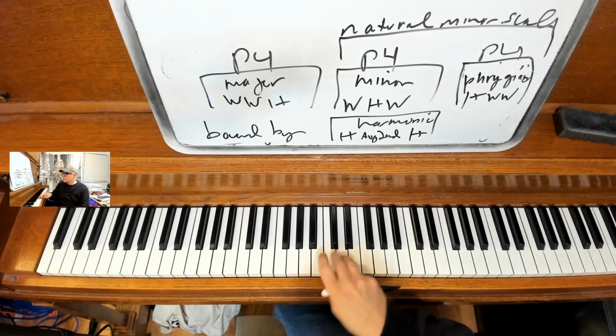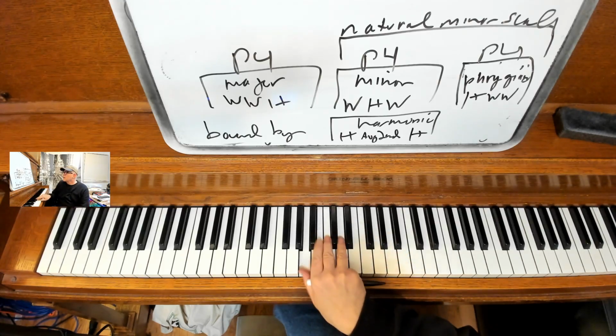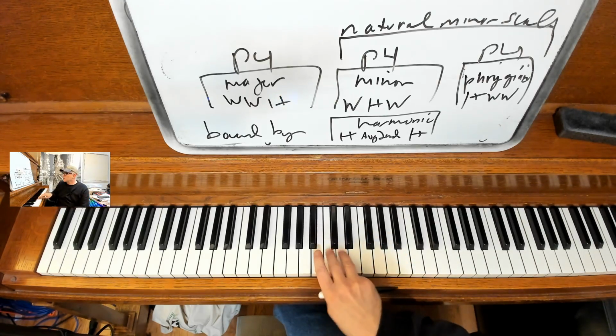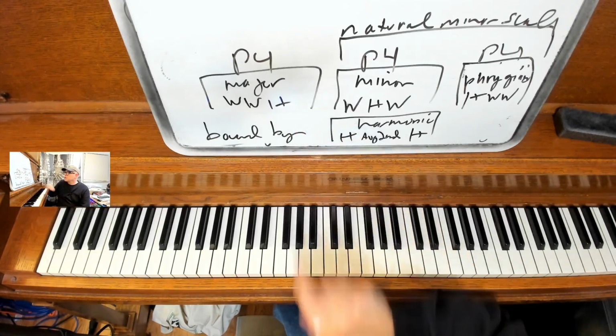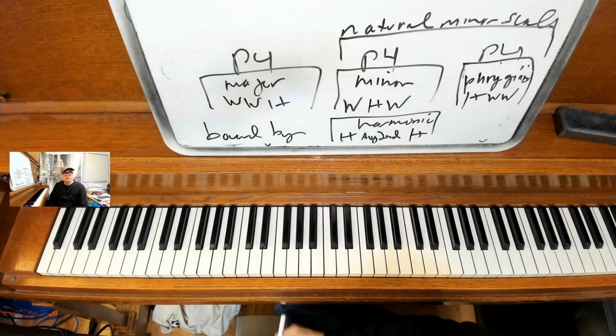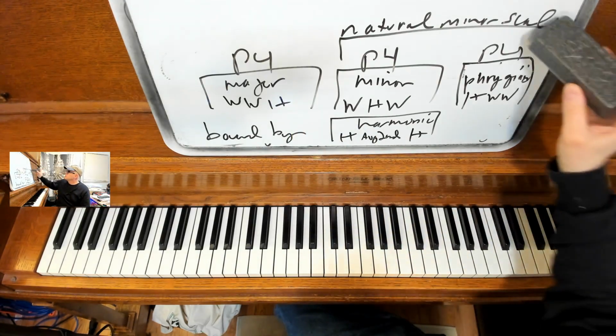Here's the harmonic minor, and here's the melodic minor, but this upper part is a major tetrachord. Okay? I'm gonna write that a little differently just to make that a little bit clearer.